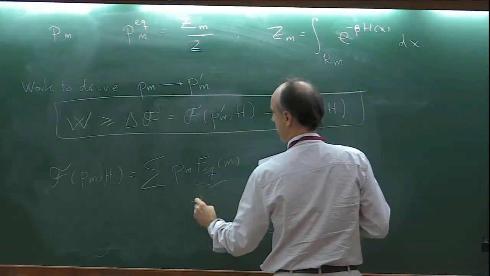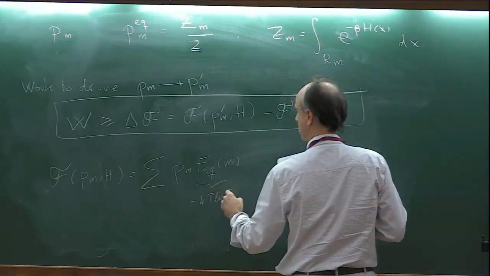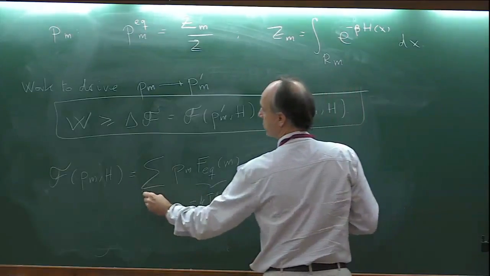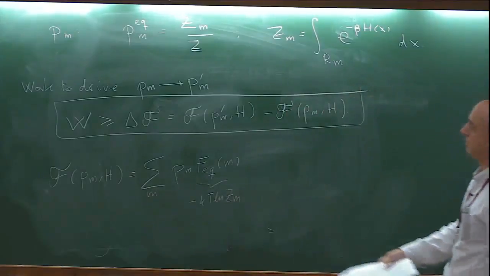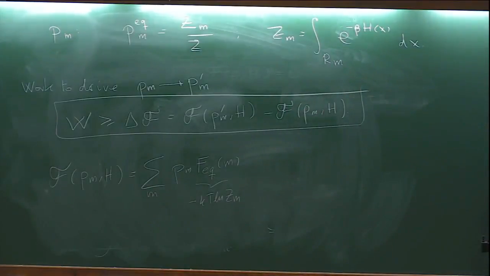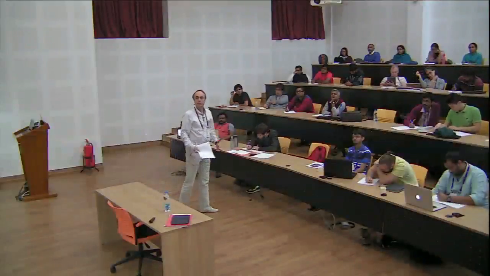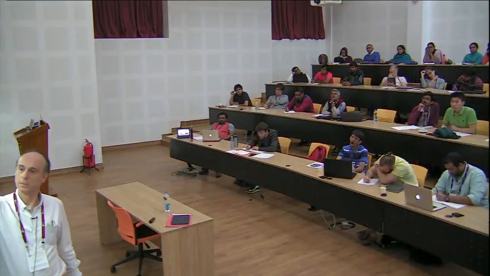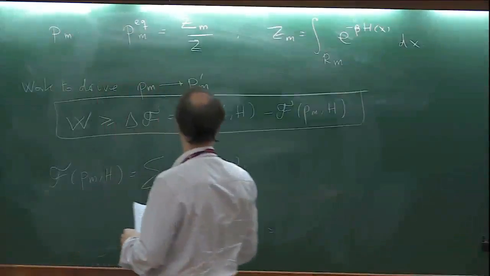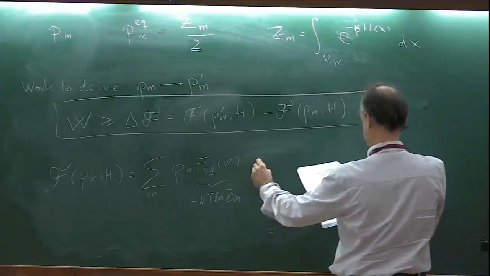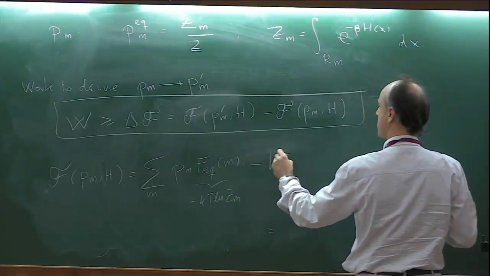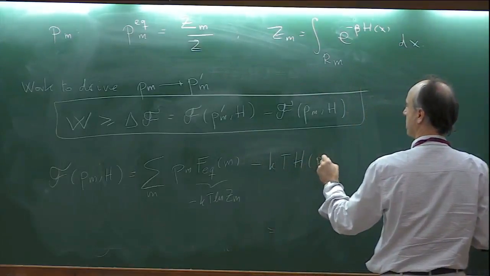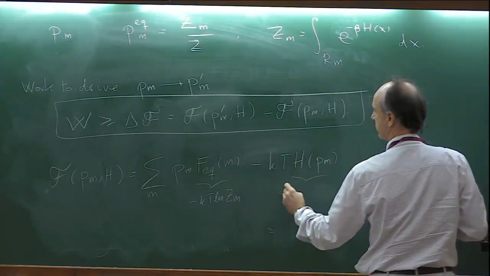This is minus kT log Zm. So this is like a physical free energy that the memory has, like the free energy of each of these wells here. But there is an extra term which is the Shannon entropy of the memory.